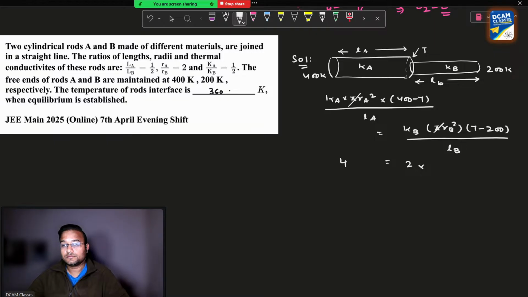That is 4. LA by LB is half, so LB by LA will be 2.